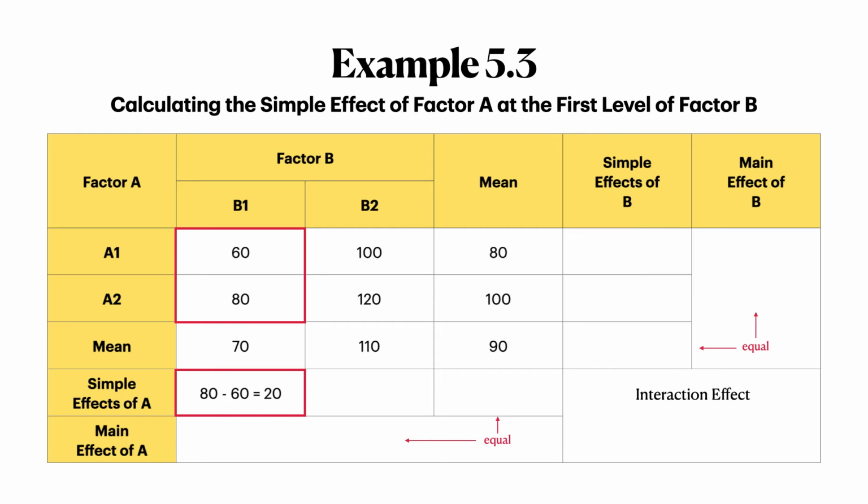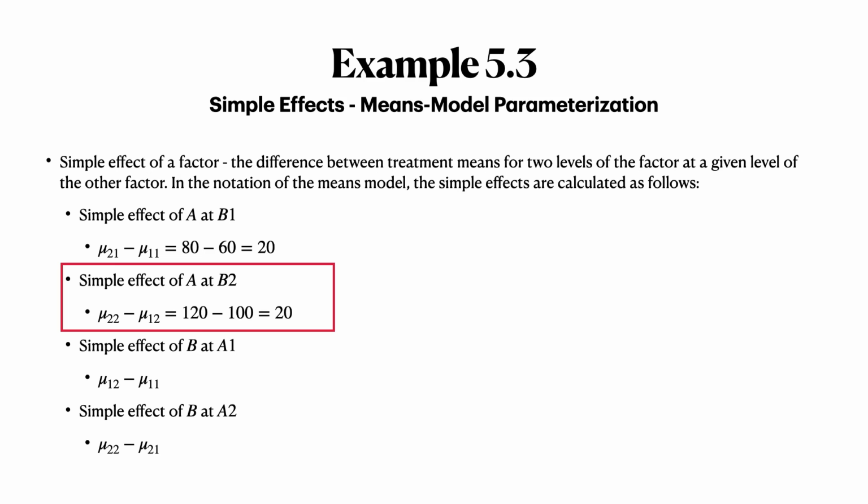This is shown in the context of the table as shown here. So we're calculating the difference in the treatment means in that first column. 80 minus 60 gives 20, and so that 20 is the simple effect of A at the first level of factor B. The simple effect of A at the second level of factor B is defined to be mu22 minus mu12.